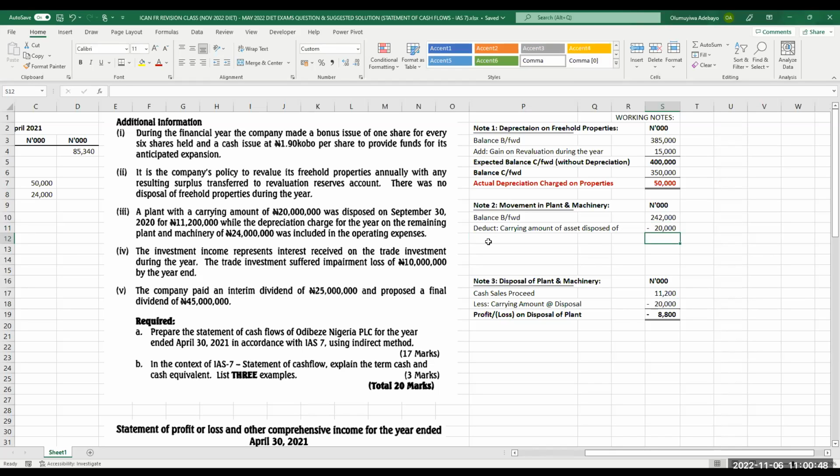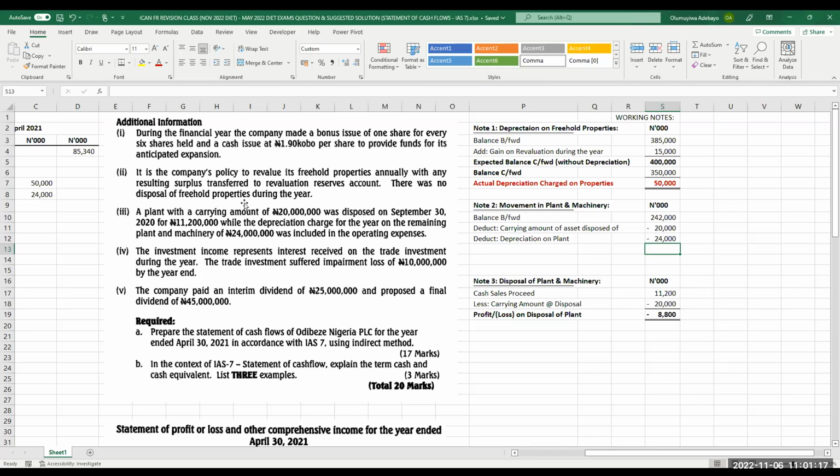Also, when you have depreciation on plant, remember 24,000, or figure in thousands. Take it out. There was no revaluation because the whole of the revaluation was for property.